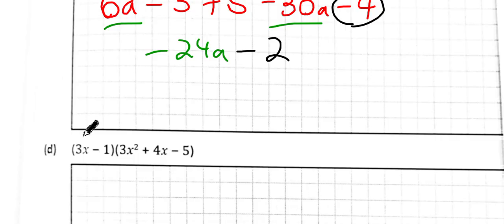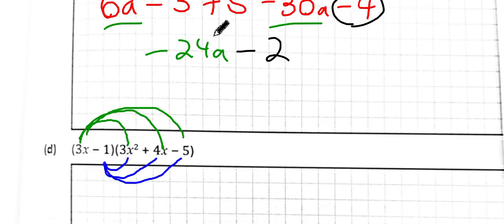Last one. It's usually 4 lines, but this time, as we know, you've got to multiply out 6 different lines to get your answer.